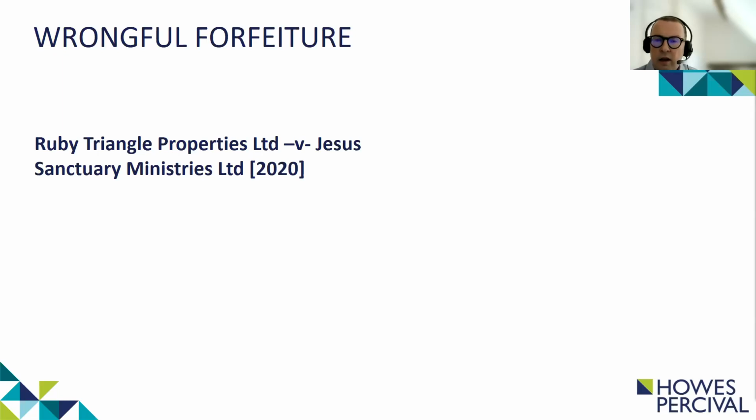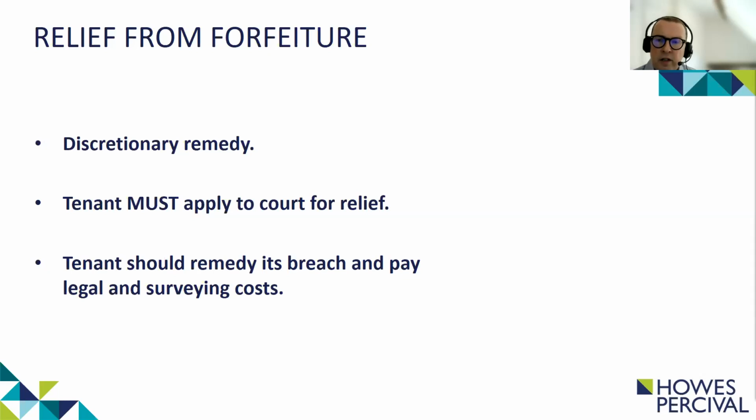The other thing that we need to think about with forfeiture is relief from forfeiture. So relief from forfeiture is the returning of the leasehold interest back to the tenant despite the breach of covenant, but usually on the basis that the breach has or can be made good and on payment of the landlord's reasonable costs.